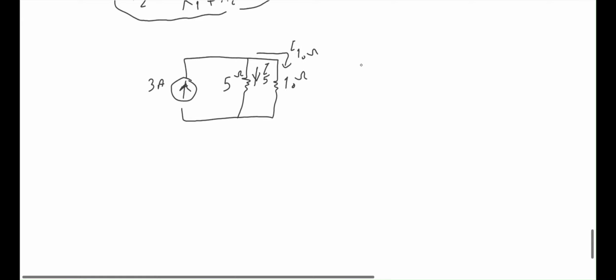From Ohm's law, we know that I equals V over R. So there is an inverse relationship between current and resistor. That means the higher the resistor, the lower the current. If 10 ohms is twice 5 ohms, I can come to the conclusion that the current flowing into 10 ohms has to be half of the current flowing into 5 ohms.